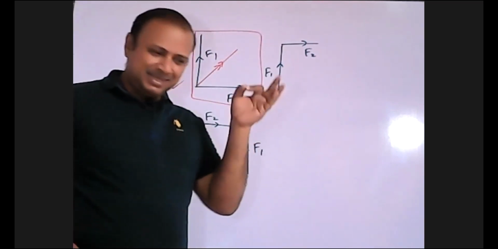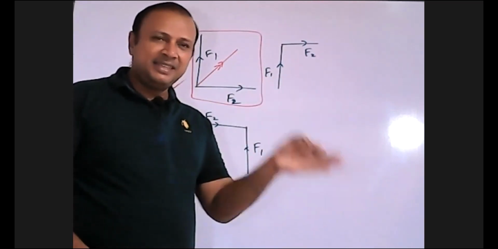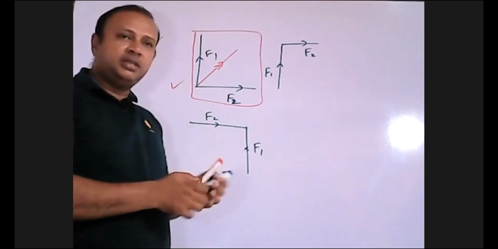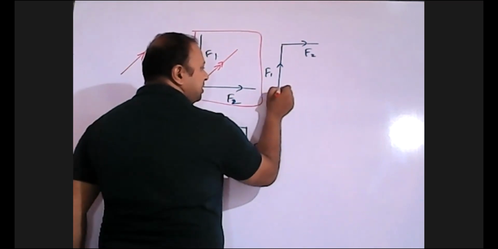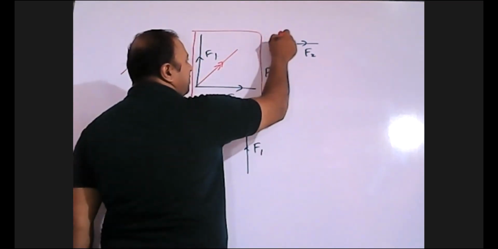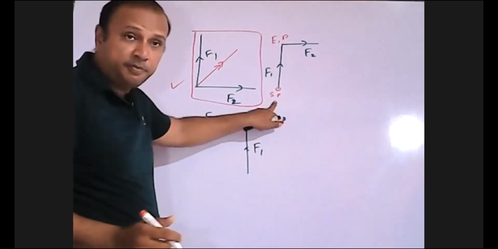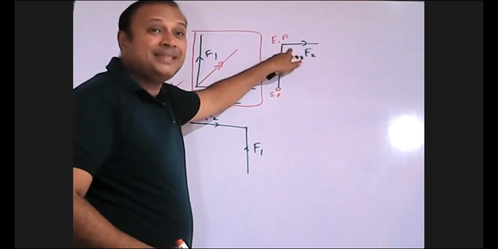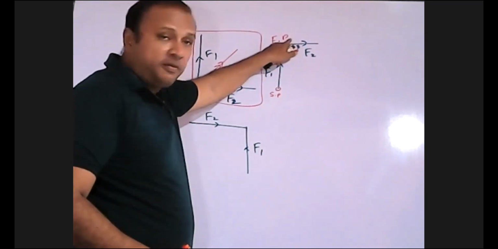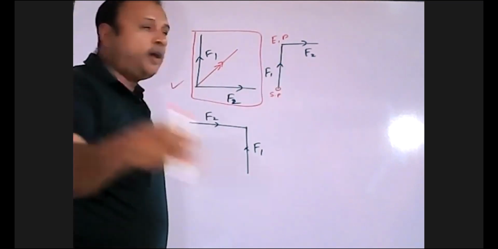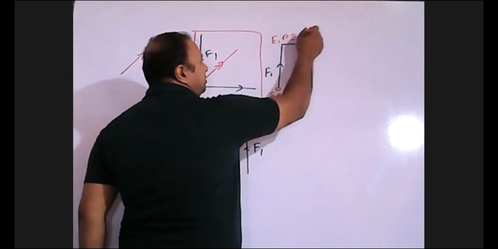But the principle is the principle of vector addition. This is the starting point and end point of the first vector. The end point of the first vector coincides with the starting point of the second vector.